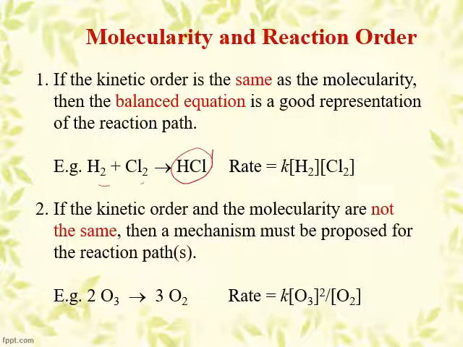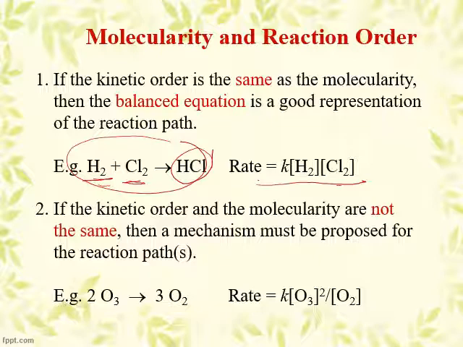Stoichiometrically, 1 mole of hydrogen reacts with 1 mole of chlorine, and the rate law also follows the stoichiometry from the balanced equation. So this is a good representation of the reaction path, because the rate law follows the stoichiometric values of the balanced equation.